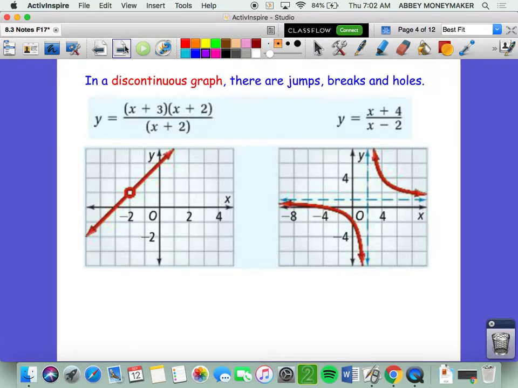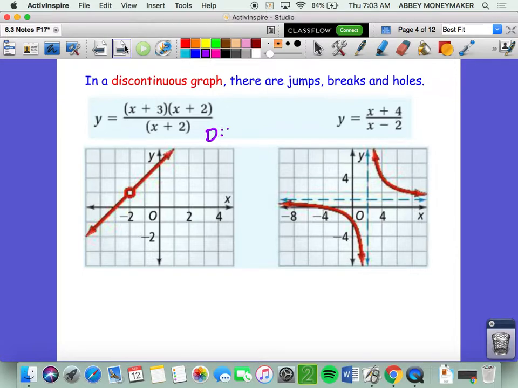Now, what does it mean to be discontinuous? You guessed it. There are jumps, there are breaks, and or there are holes. So, what does it look like if we have some discontinuity? Well, in this first example right here, you notice that your polynomials are in factored form, and that's really important because when we're in factored form, we can see a lot of things.